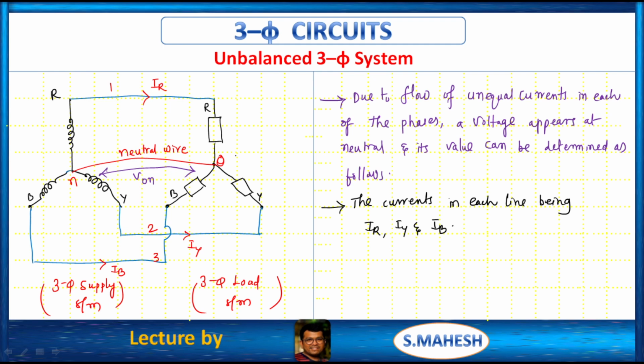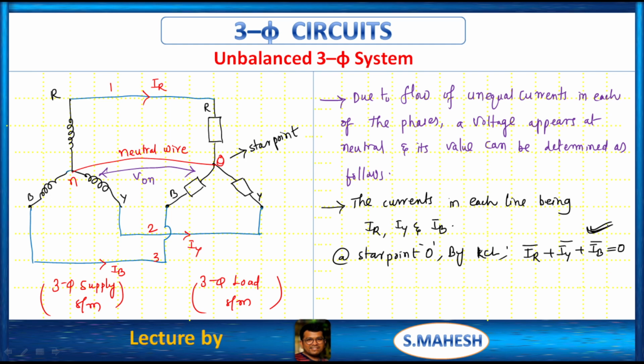See, this is a star point, star point O. By KCL, we all know that IR plus IY plus IB is equal to 0. This is what we want, right? So based upon this statement, we have to get that neutral voltage, meaning the voltage between the neutral point of the supply system and the star point of the load system.